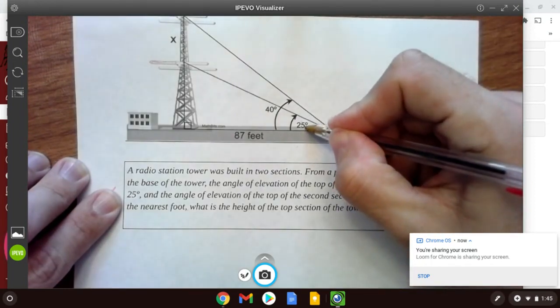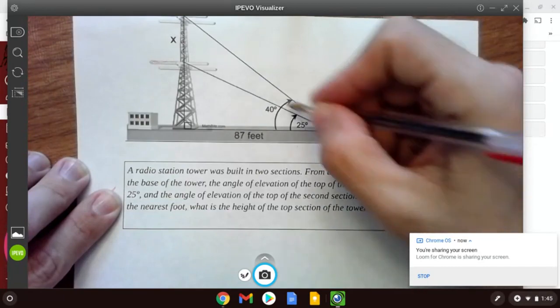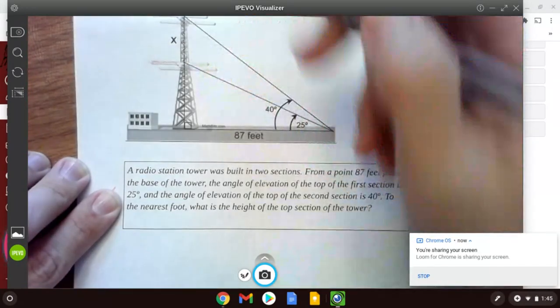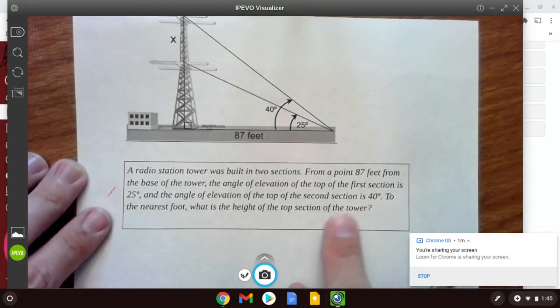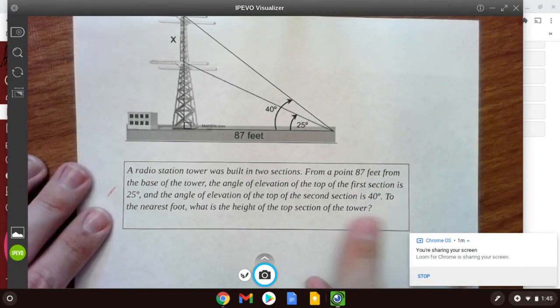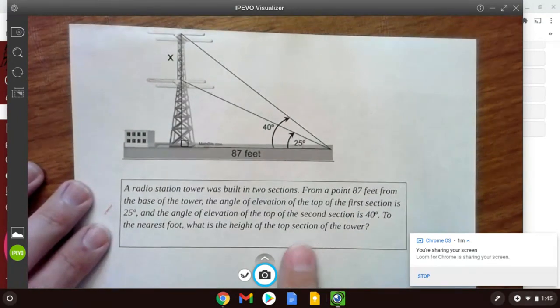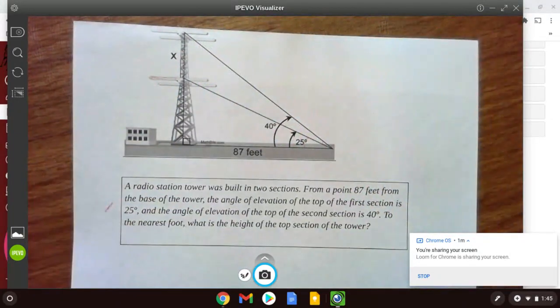So measuring upwards, they've got a 25-degree angle from the starting point up to the top of the first section, and for the second section it is 40 degrees. The question is, to the nearest foot, what is the height of the top section of the tower? So not the overall height, but just this top section.